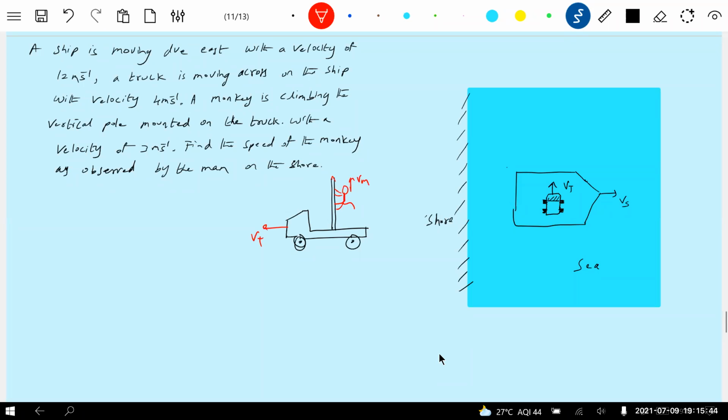I can't show the monkey here, so I'm putting a dot. How will the dot move along the z axis? Let's take the help of a coordinate system. This is according to the coordinate system we have drawn.